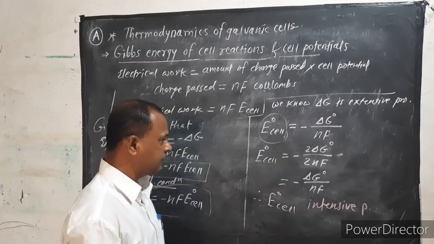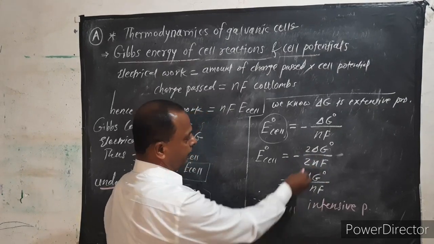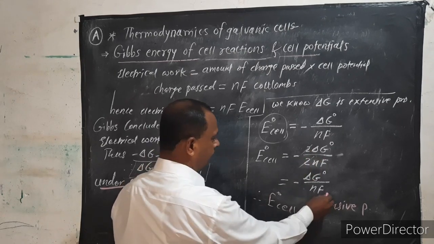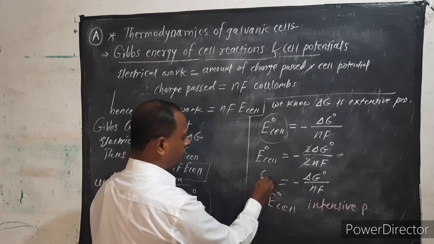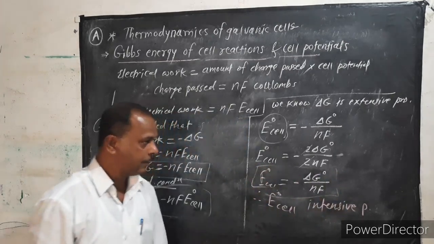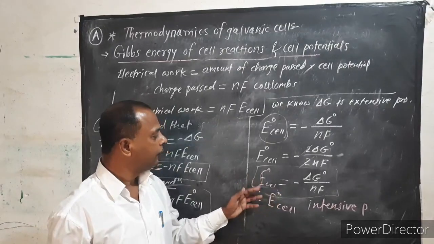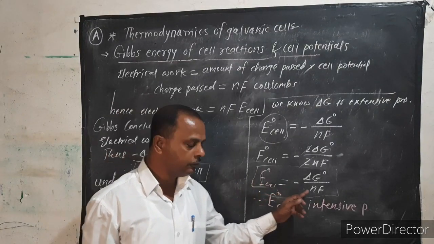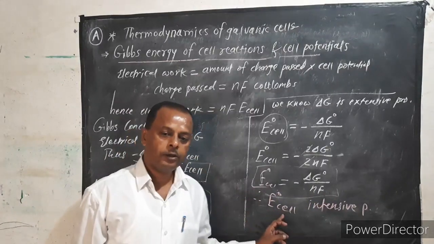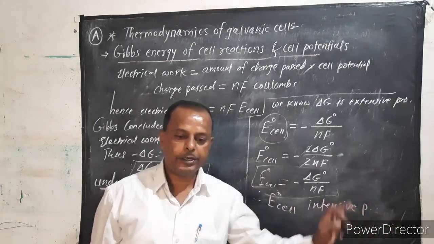Delta G is doubled, n F is also doubled, and in this equation these two get cancelled. Then E naught cell remains as it is, so there is no change. Therefore E naught cell, the cell potential under standard condition, is an intensive property.